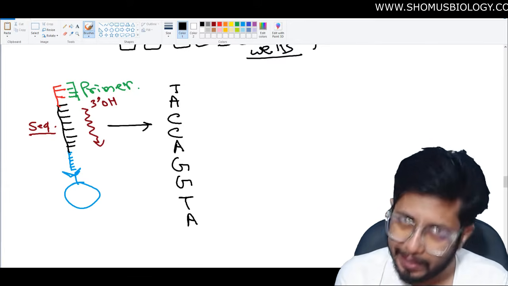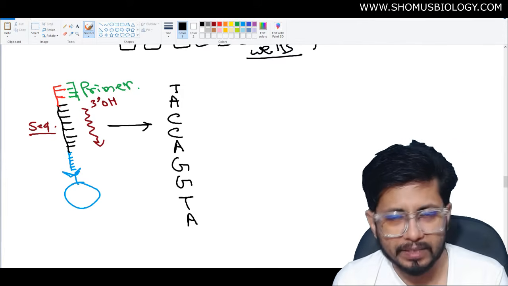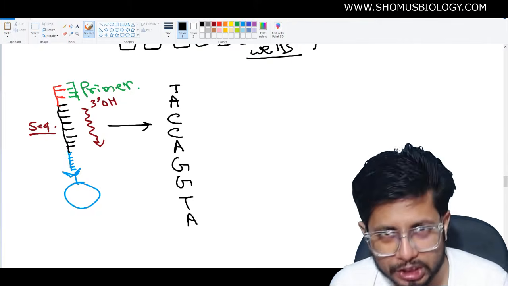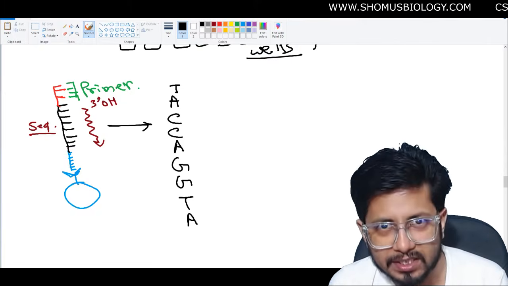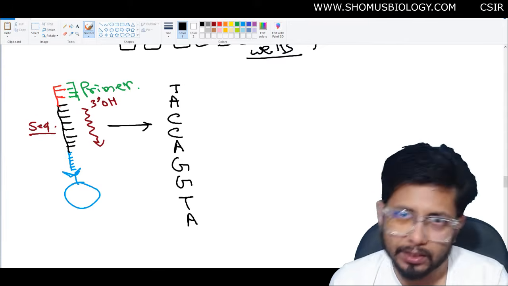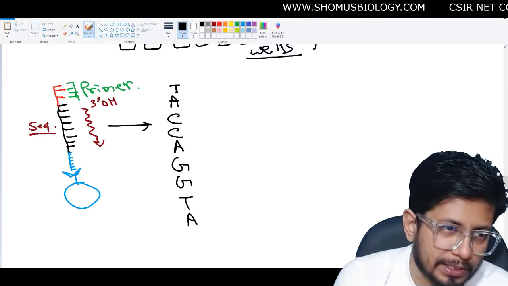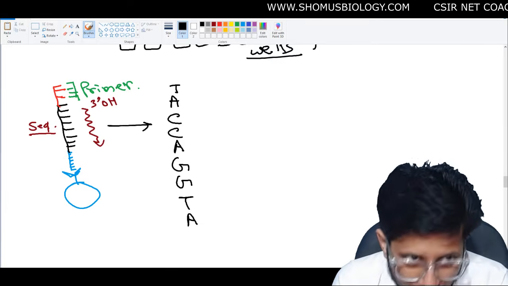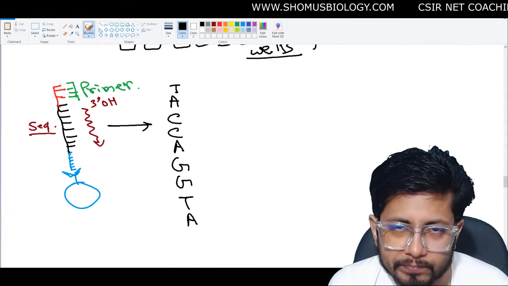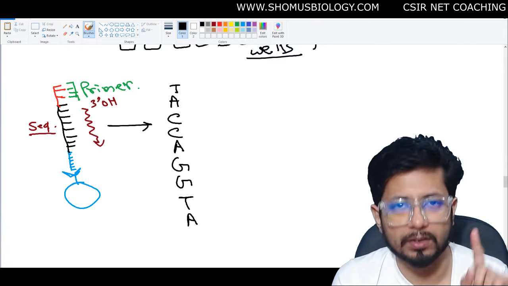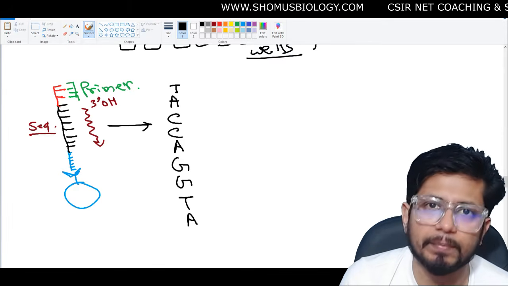We will either give A, then we wash the wells, then we add G, wash the wells, then we add C, wash the wells, then we add T, wash the wells. So we'll continue to do this, but at a particular time we will provide the well with only one dNTP, whether ATP or GTP or CTP or TTP, any one particular type.